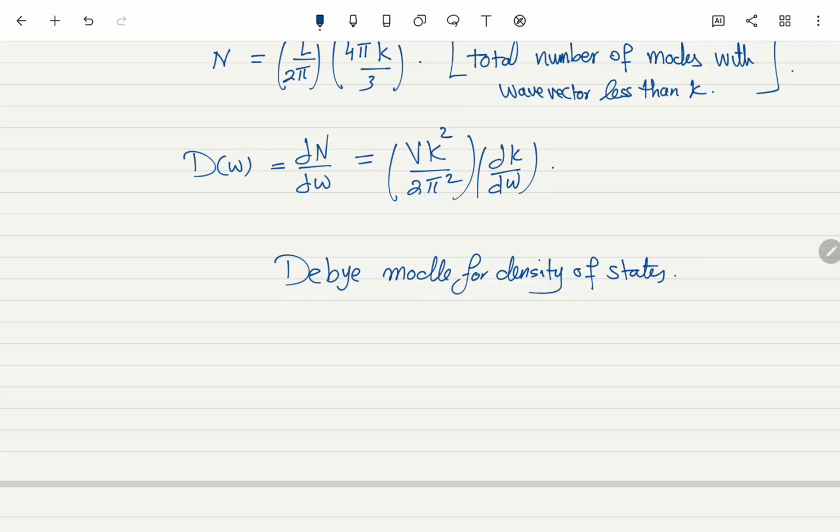In the Debye approximation, the velocity of sound is taken as constant. In this way, omega here is equal to Vk. V in this case is the velocity of sound, which is constant.